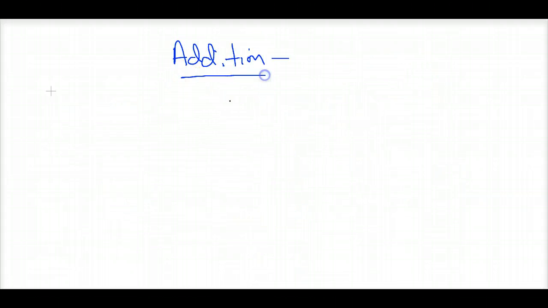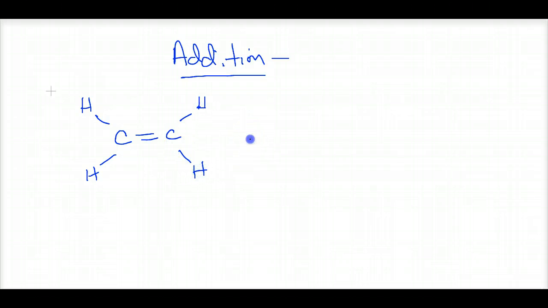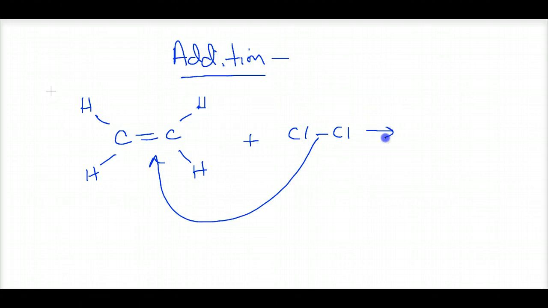Now, in addition reactions, very similar. These are unsaturated. They have fewer H's because they have a double bond between the carbons, so they don't hold on to the maximum. So if I was going to add chlorine to these, this molecule will attack the double bond, and what you're left with, party people, is a carbon single bonded and opened up so that two chlorines can add.